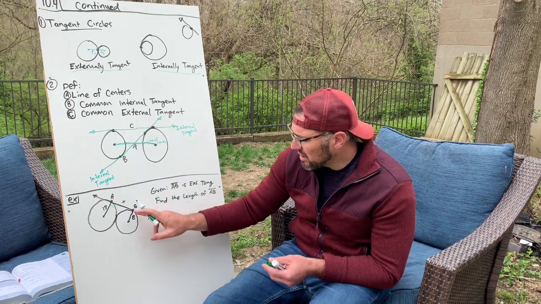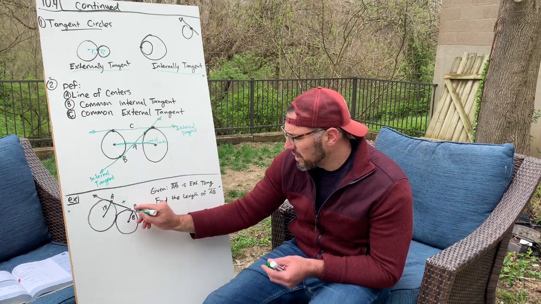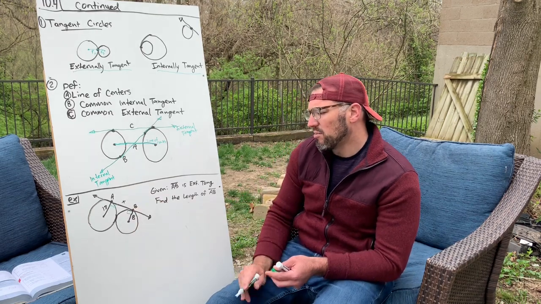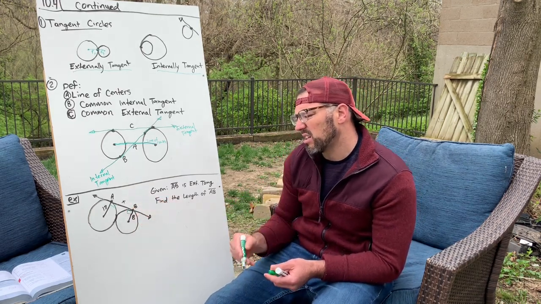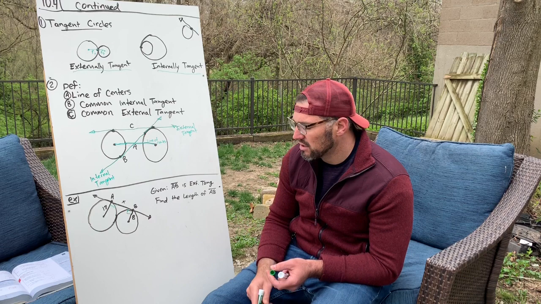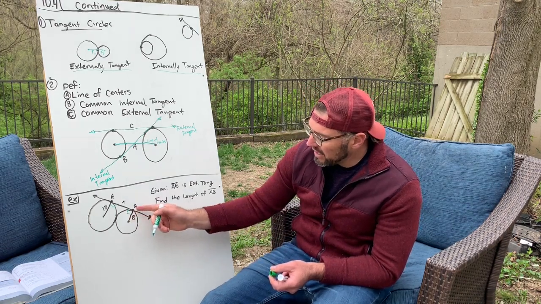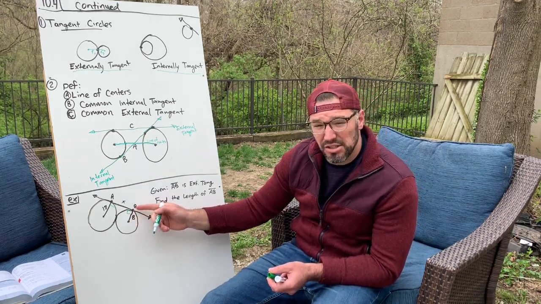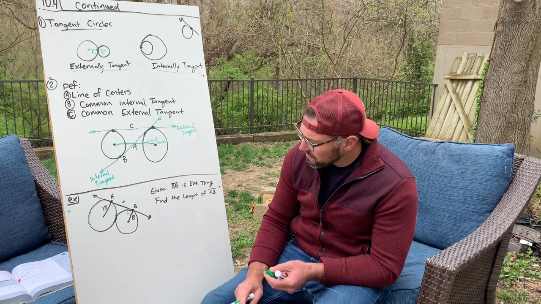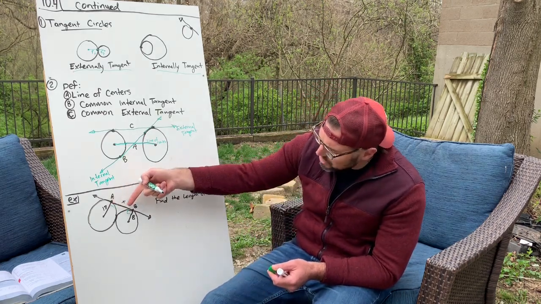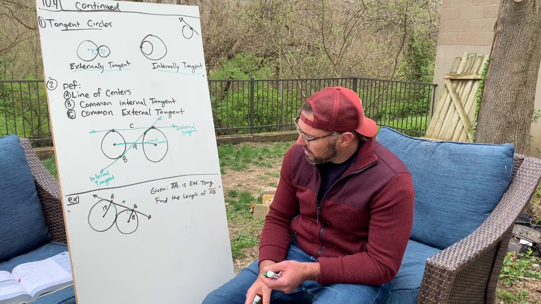This is also a tangent to this circle, which means there's a right angle here. Remember, that is a theorem of tangent lines: the radius is perpendicular to the tangent line at the point of tangency. And so here we have two right angles.